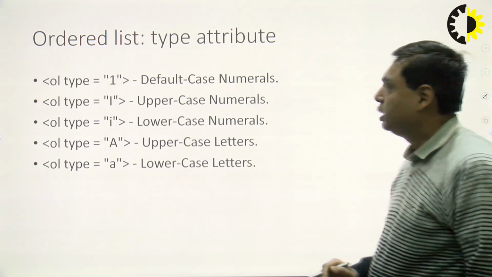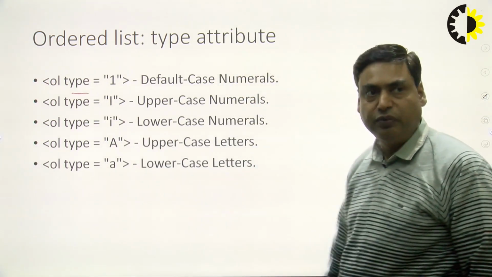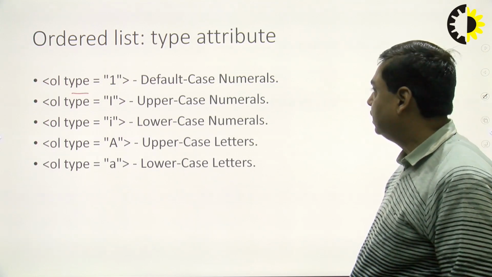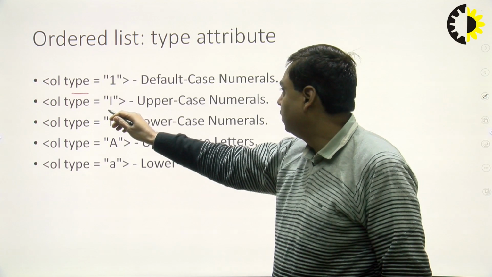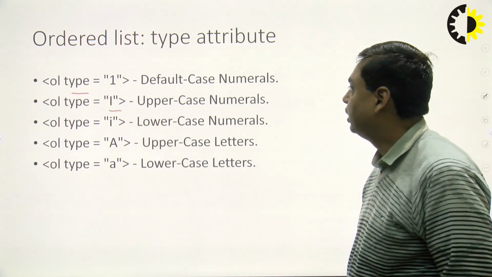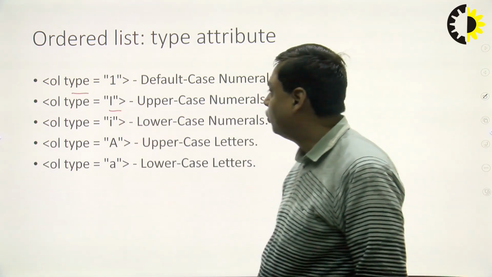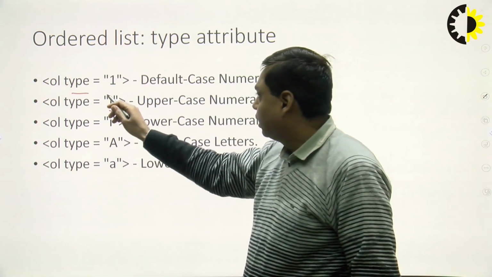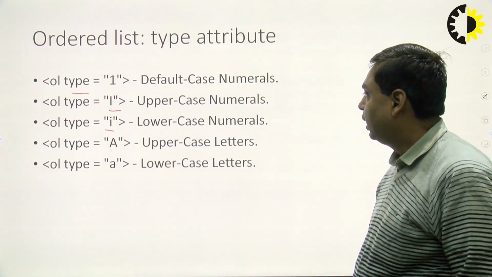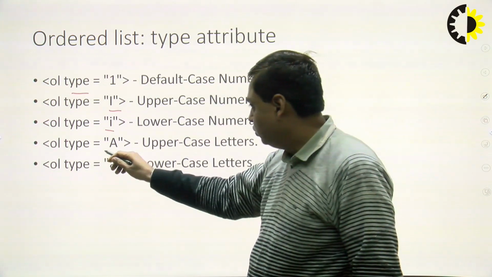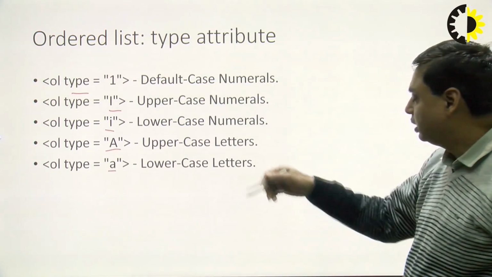And in the OL tag, again, we have the type. You can display the numbers in very different ways. By default, it is numeric, 1, 2, 3 likewise. If you want to display the numbers in Roman letters, you use capital I for capital Roman letters and small i for small Roman letters. And if you want to display in alphabets, you use capital A, and if you want small alphabets, then small a.